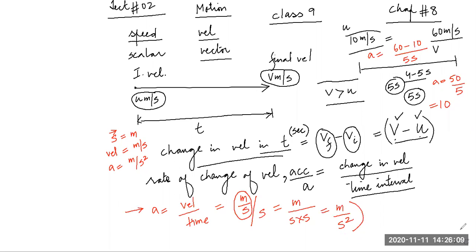So students, now I want Manrose. Manrose is not there. Okay, so I want Bakshpreet to solve this. Let us say a person is going with a constant velocity.